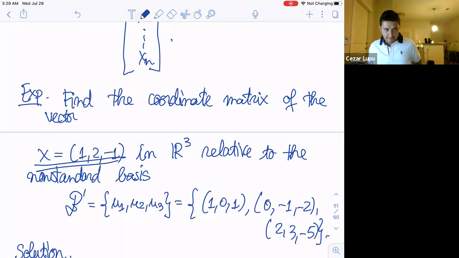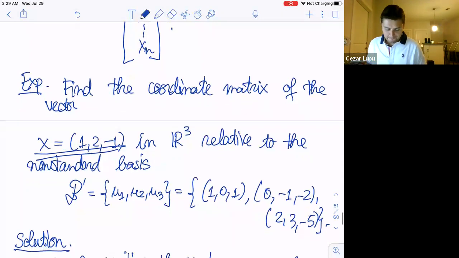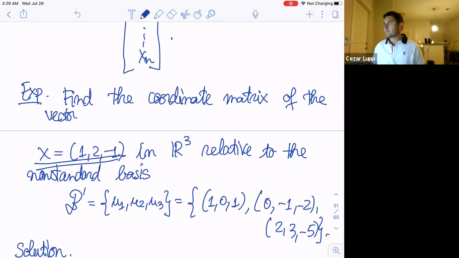Okay, I want you to look at it. So how should we approach this? Well, let's look at this vector x, which is 1, 2, and -1.